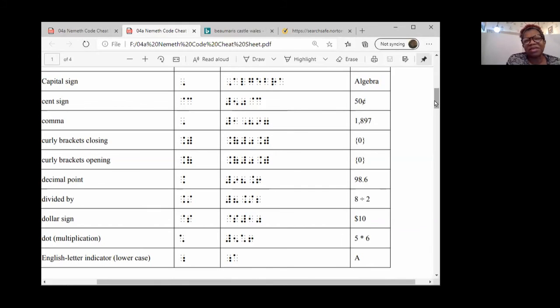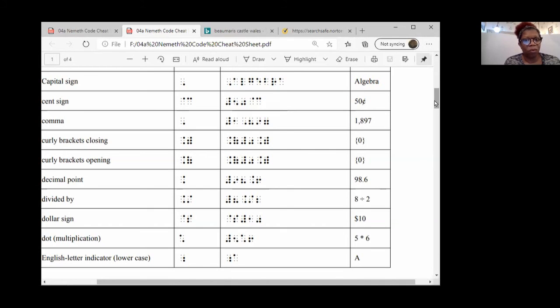We're going to practice. Your reading is pretty good, so we're going to practice reading those math problems with Nemeth, and I think most of our math books in Braille use Nemeth, because we're not going to the UEB math symbols, which we also call literary symbols.